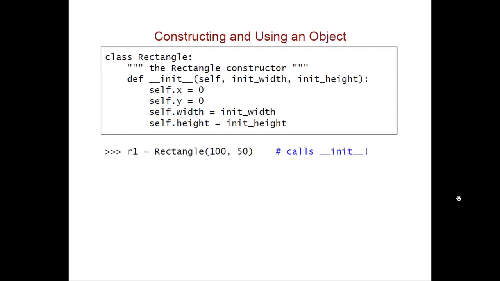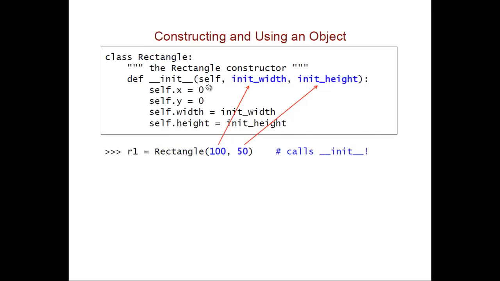And we can see that if we look at a concrete example of calling it. Now it turns out when we call it, we don't say underscore underscore init underscore underscore. We instead use the name of the class. In this case, we're creating an instance of the rectangle class, and so we use capital R Rectangle. And then we have to specify parameters for everything but self.